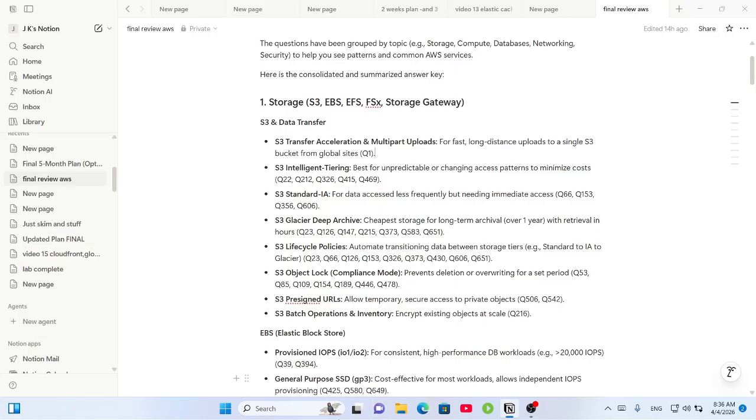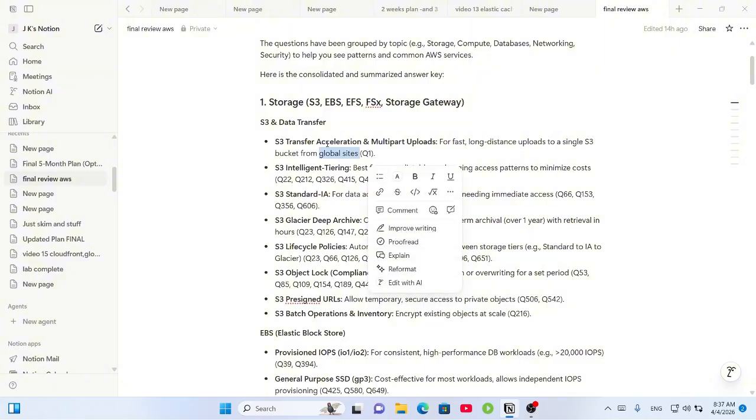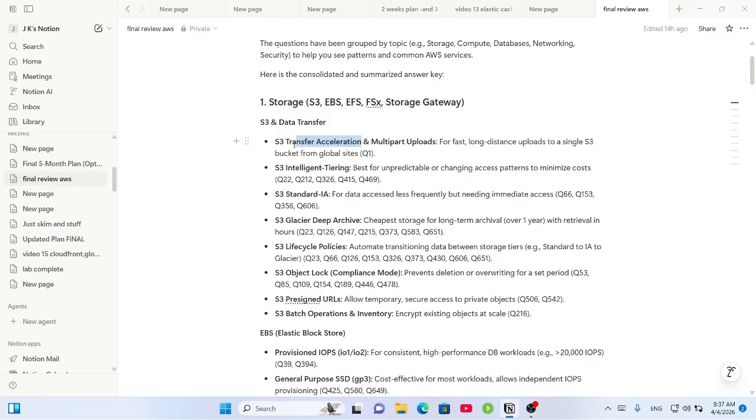So let's start with S3 acceleration and multi-part uploads, for fast long distance uploads to a single S3 bucket from global sites. Basically, let's say you want fast, long distance uploads to a single S3 bucket from global sites. You can use transfer acceleration or multi-part uploads.